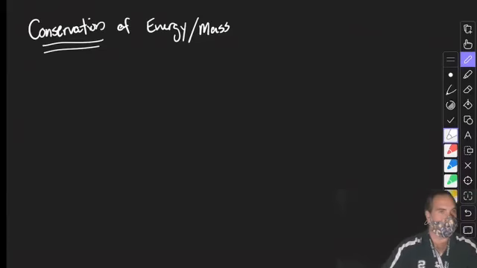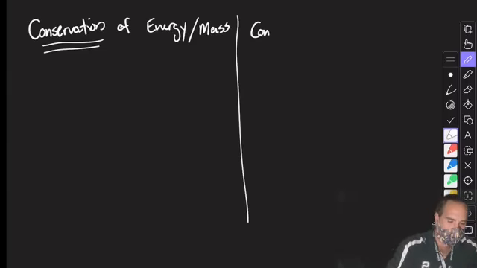Mass is being converted to energy and back, but the total amount of mass and energy in the universe is constant. Of course, if you start talking to some of these really fancy physicists now, they might begin to disagree with that statement, because things are getting a little funky in the old astrophysicist departments now. We are going to be very careful, though. We're going to talk about conservation of mechanical energy.